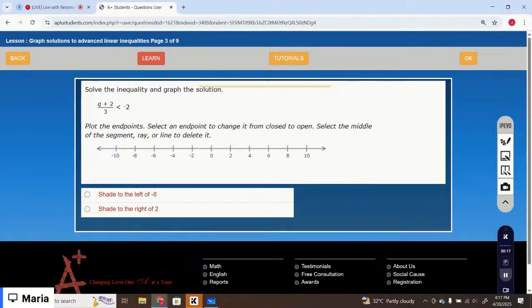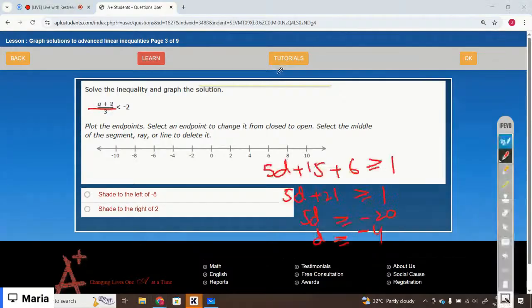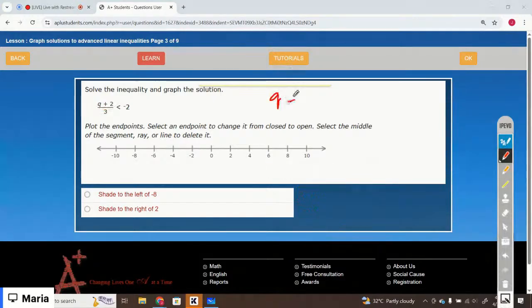Q plus 2 over 3 is less than negative 2. That is Q plus 2 is less than negative 6. Q is less than negative 6 minus 2. So Q is less than negative 8.